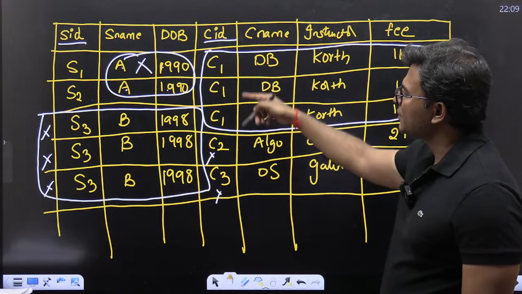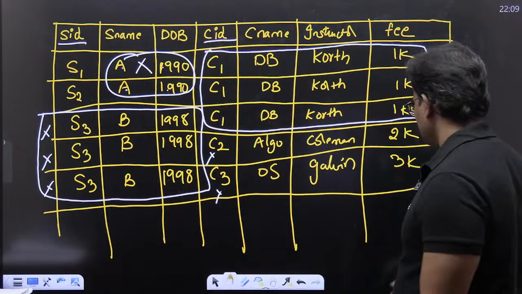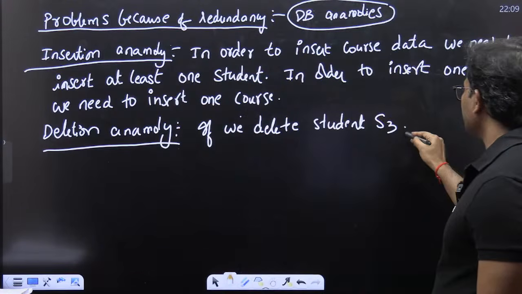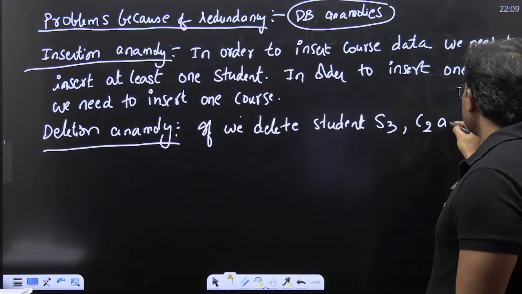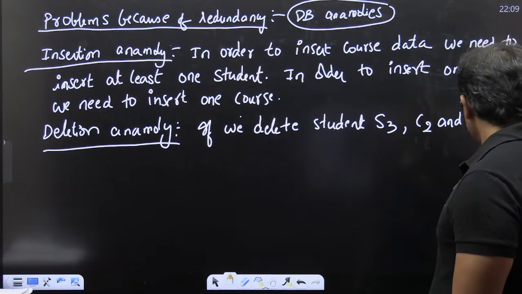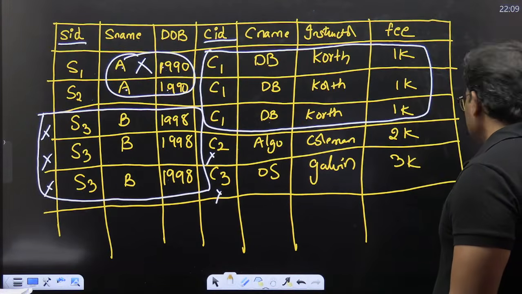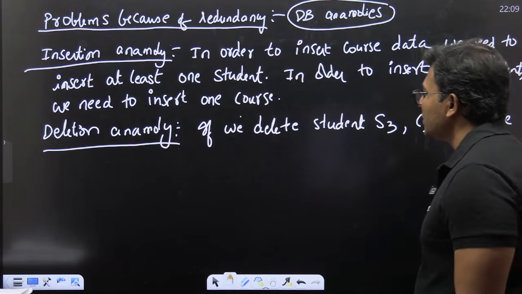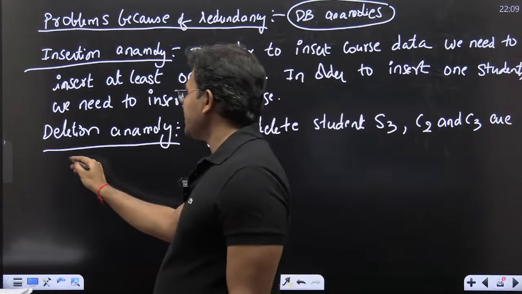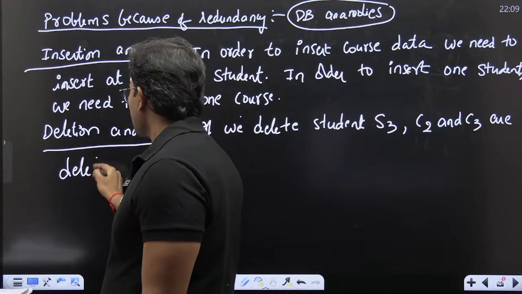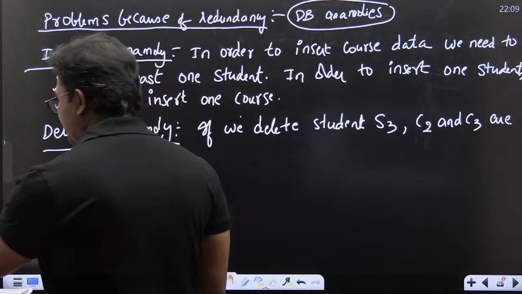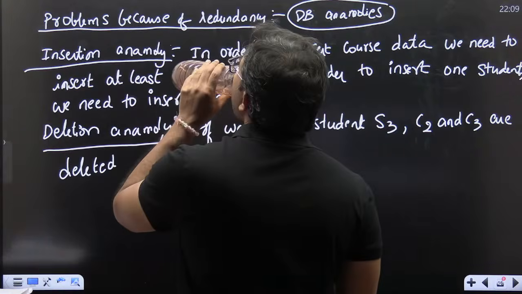C1 is anyways here, but C2 and C3 are lost. If you delete student number S3, then C2 and C3 are deleted.